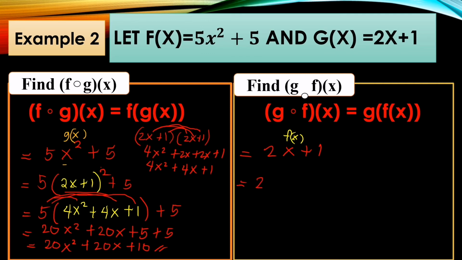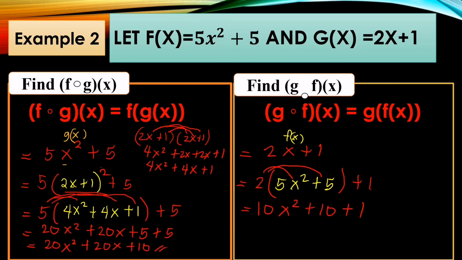So 2 times f of x, which is 5x squared plus 5, plus 1. So 2 times 5x squared is 10x squared, and 2 times 5 is positive 10, plus 1.